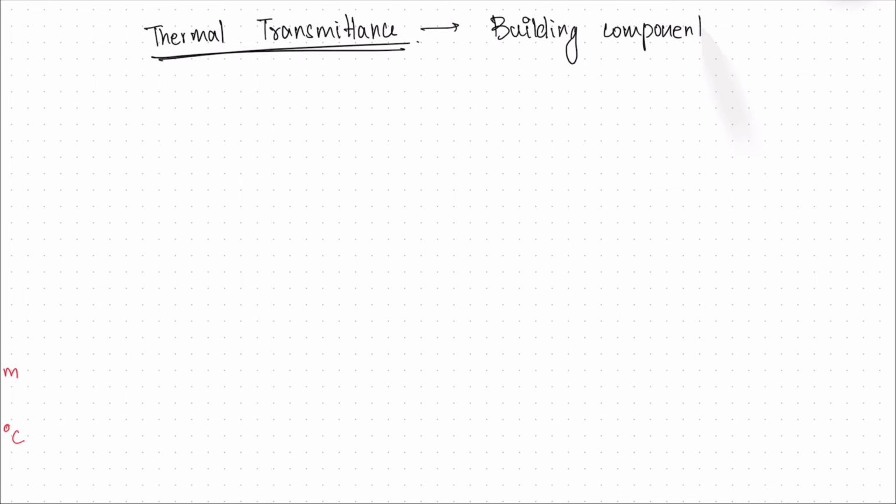So this is the ability of a building component to transmit heat through it. And your building components could include walls or slab or window, all such components. And thermal transmittance has two other names. One is U value and the other is air to air transmittance.